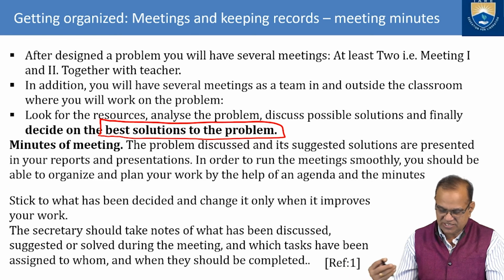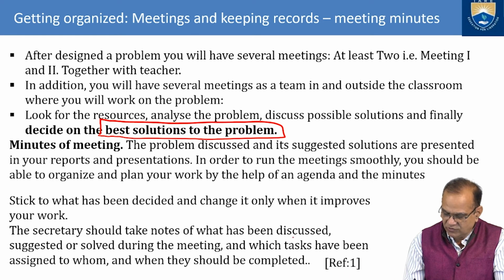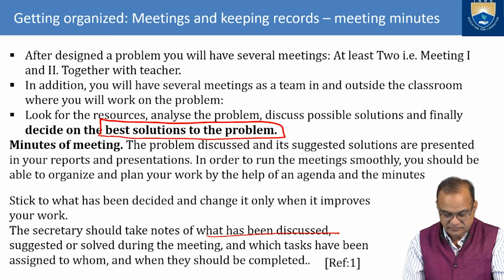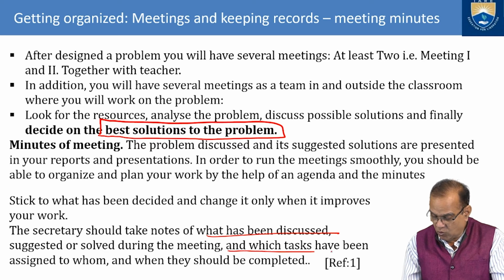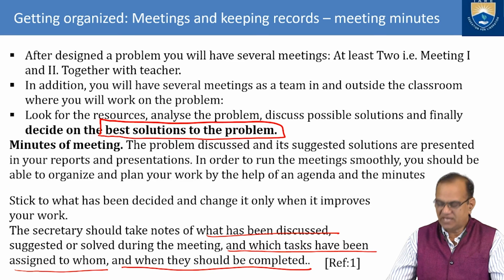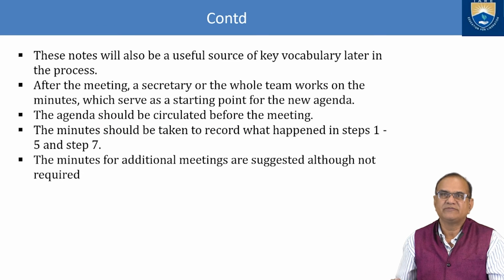All these things we have to write down: what has been discussed, suggested or solved during the meeting, and which task, who will do what. All these things have to be discussed. This is how we go ahead.